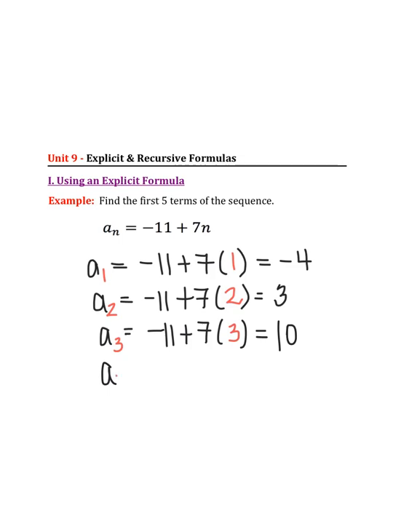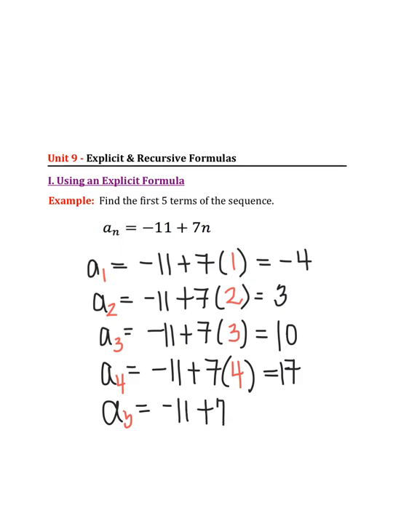And my 4th term, I'll put in a 4 for my n. So 28 minus 11 is going to be positive 17. And my last one, my 5th term, I'm going to put in a 5 for my n. And I'm going to have 24.